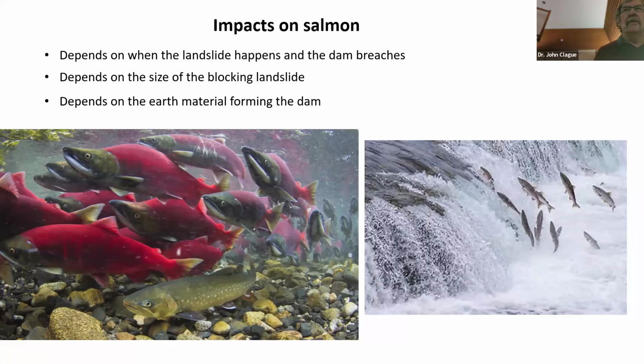A smaller barrier tends to get breached within some understandable length of time, and salmon are able to return past that breached barrier and recolonize parts of the watershed that could not be spawned in for a year or two or something like that.